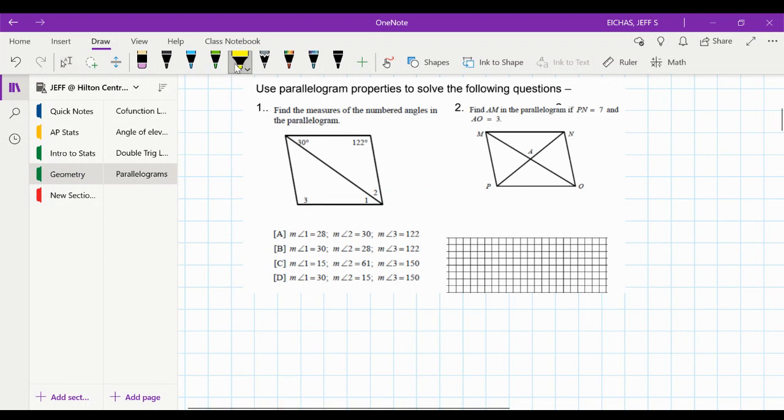Angle 3 right here, that one is opposite. That angle 3 is opposite this angle. Now, since it is a parallelogram, the property is those are congruent. So you know the measure of angle 3 right now is 122.